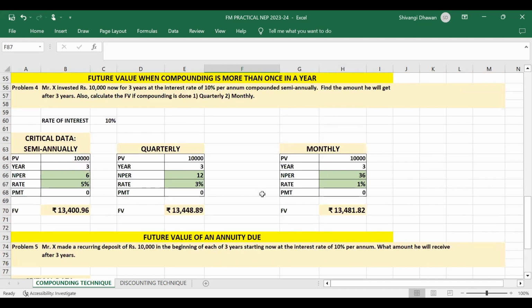But what if compounding is done in different modes, like semi-annually, quarterly, monthly, weekly, daily? Then what will be our answer, and how will it affect the future value, given the terms and conditions remain constant?